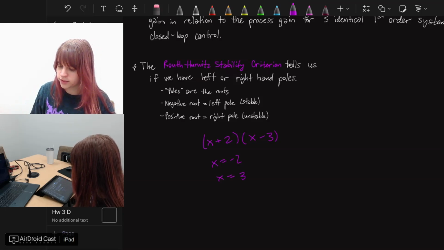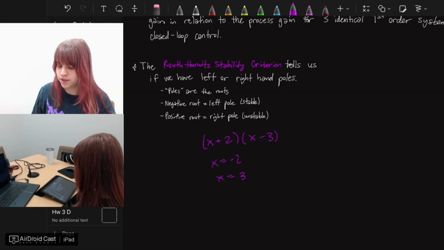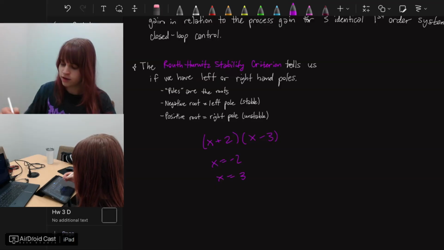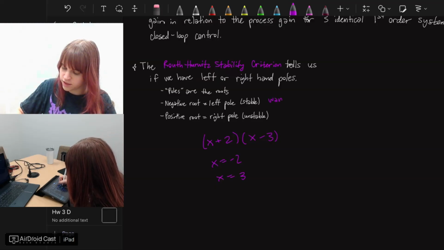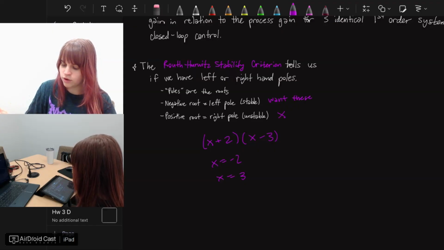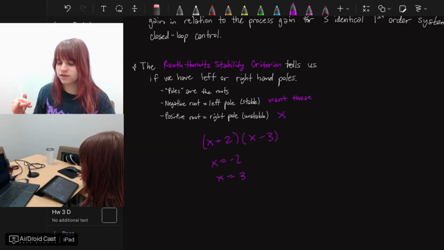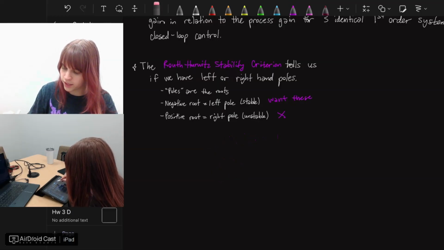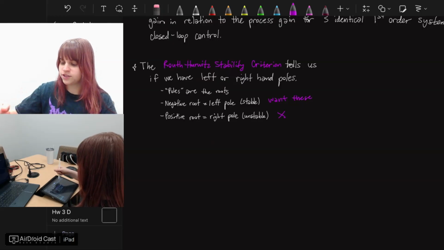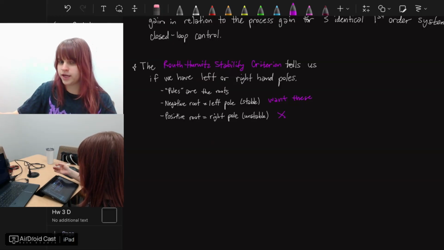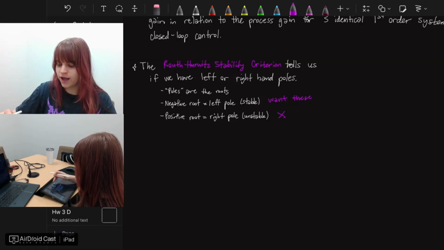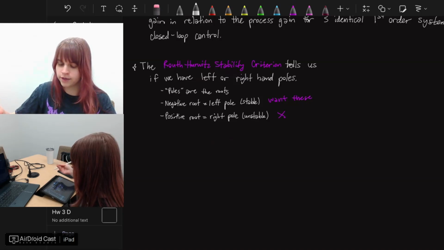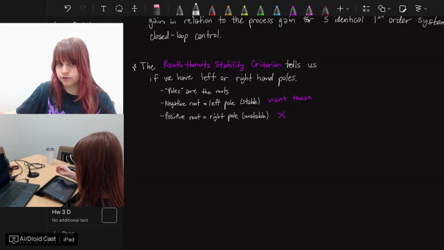A negative root is a left pole, which means it's stable, and a positive root is a right pole, which means it is unstable. We want the left-hand poles, but we do not want right-hand poles because that makes our process unstable. The Routh-Hurwitz criterion tells us if we have left or right-hand poles. So if we have all left poles, then we're all right. If we have some right-hand poles, then we are not.